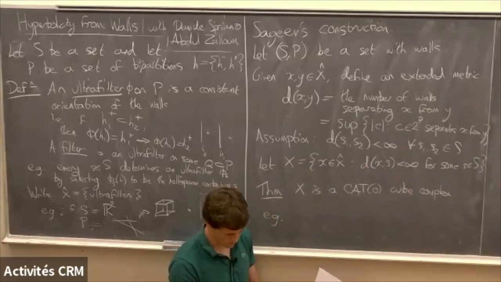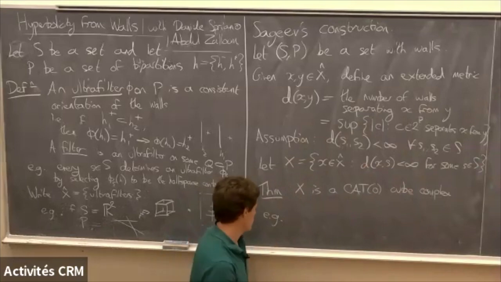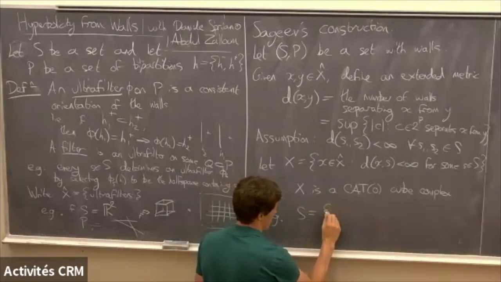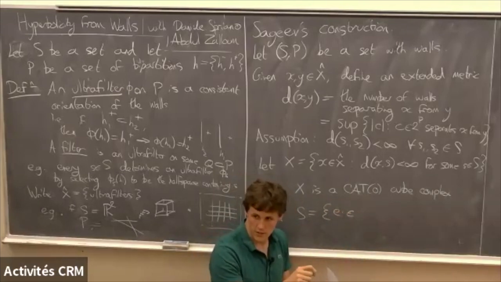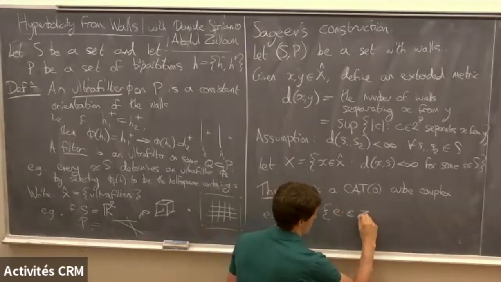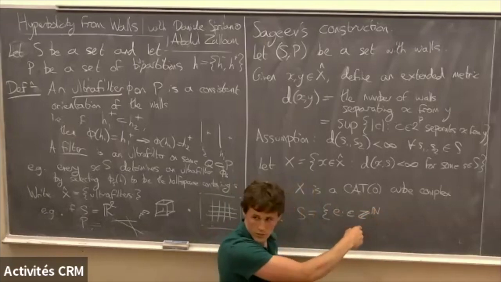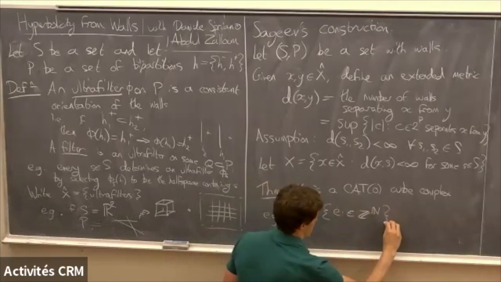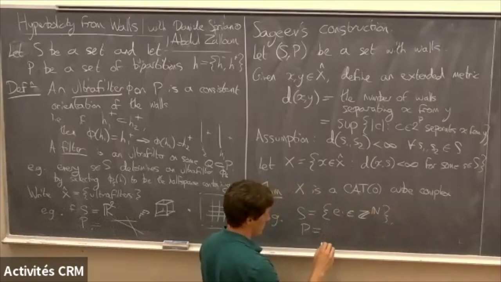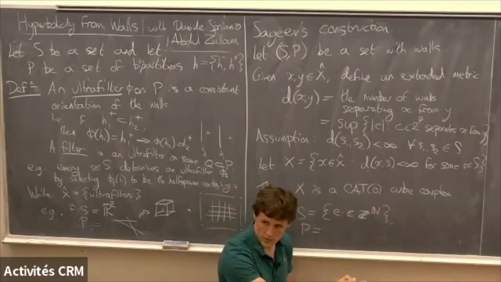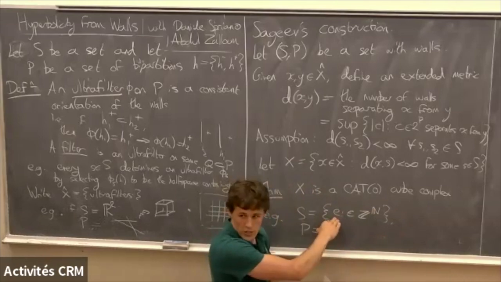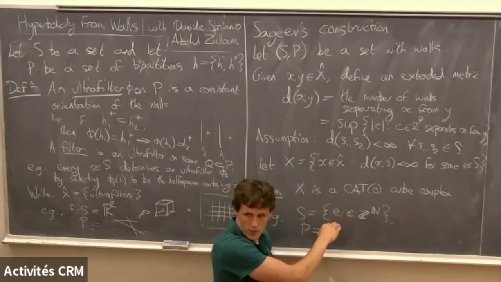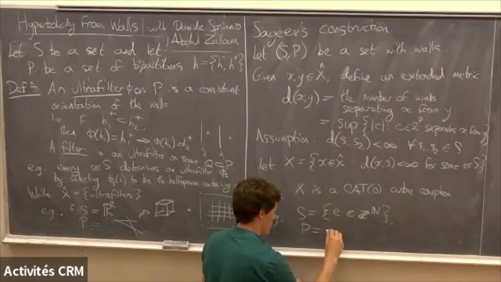Take S to be the set of basis vectors in the space of sequences, and P is the set of walls adjacent to the origin. So these things cross each other pairwise, but any 2 points in this set are only separated by 2 walls.